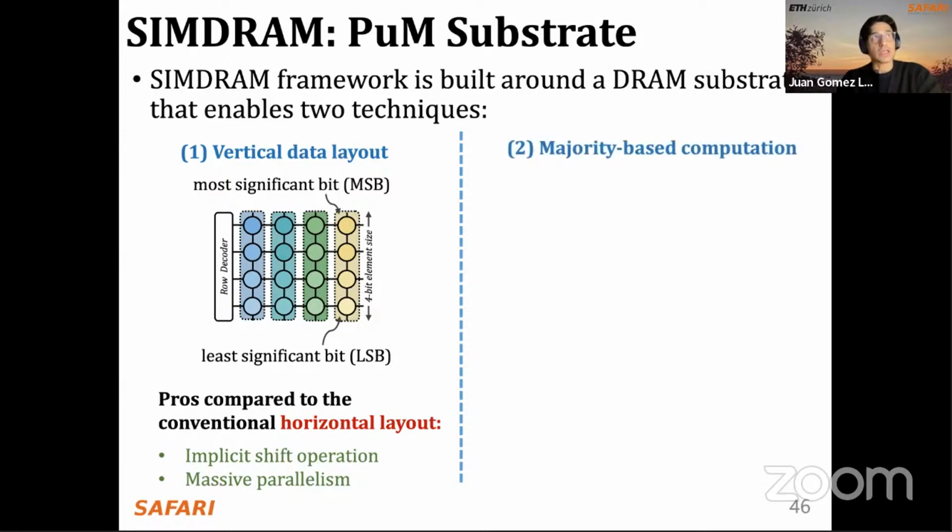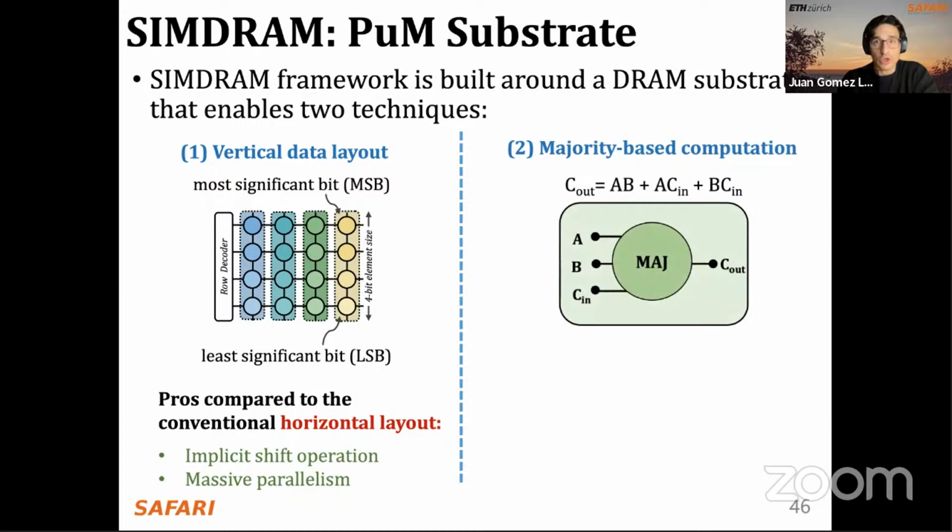The second technique that SIMDRAM is based on is majority-based computation. Remember from the beginning, when I explained Ambit, that Ambit supports AND, OR, and NOT, which is great because it's a functionally complete set. But the problem is that AND and OR are implemented using a majority function.